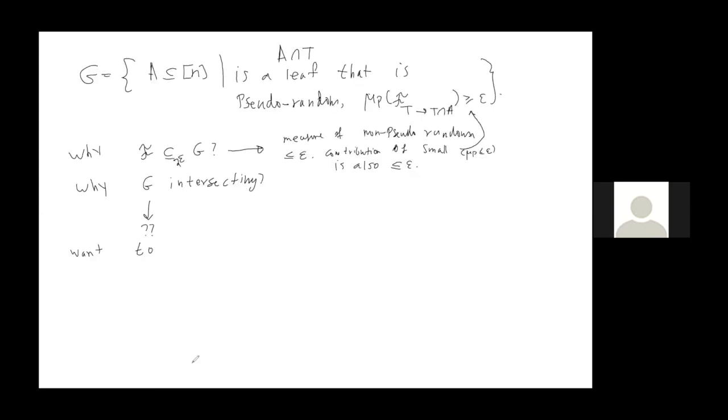So we want to prove that paths leading to any two good leaves, H1 and H2, are intersecting.